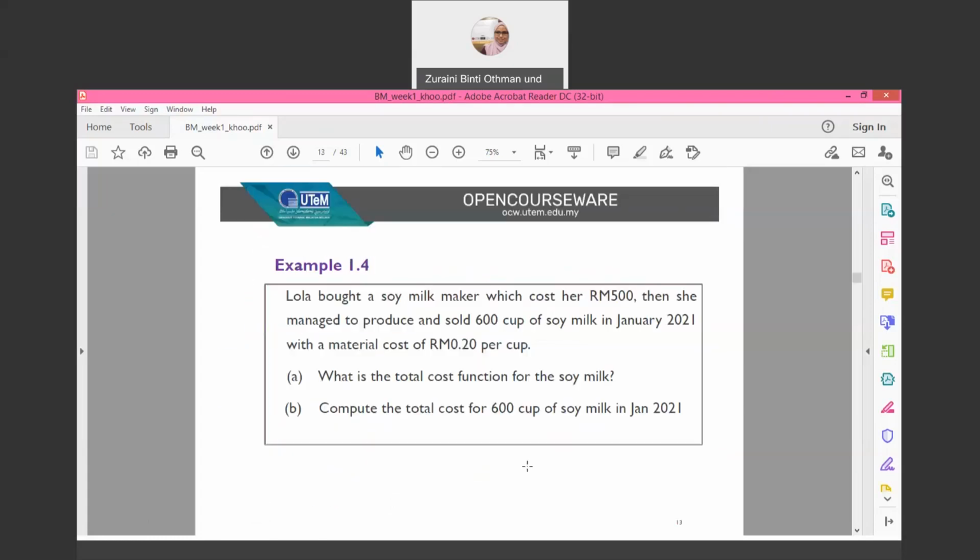Okay, so here next is example 1.4. Lola bought a soy milk maker which cost her 500 and she managed to produce 600 cups of soy milk in January. Material cost 20 cents per cup. What is the total cost function for the milk?